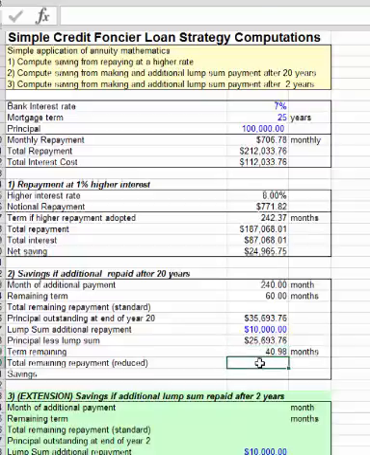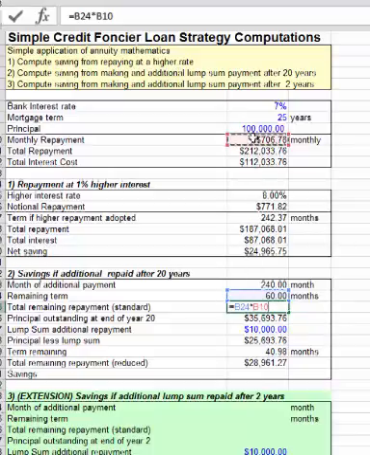What is the total remaining repayment? Well, again, I simply multiply the repayment amount by the number of periods. That tells me that I've got about $28,900 of repayments to go. I can compare that to the remaining payments at month 60, which I didn't bother to calculate before, but I'll do that now. That's going to be 60 times the standard repayment.